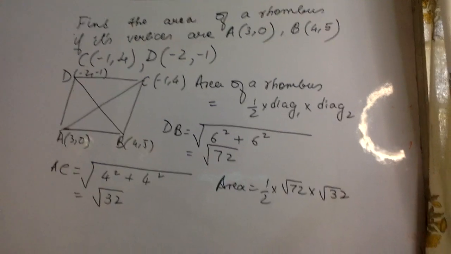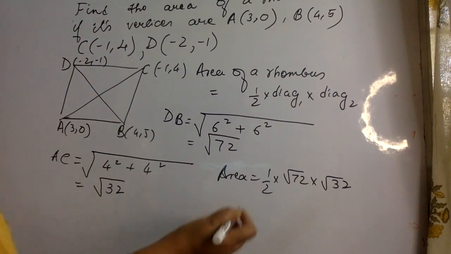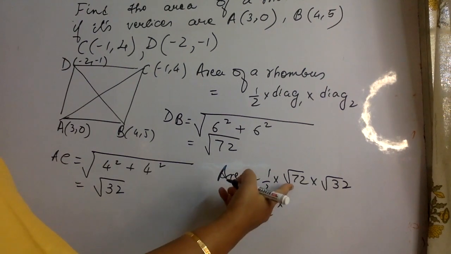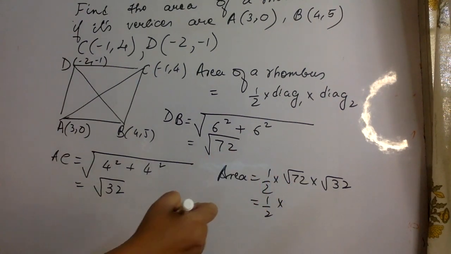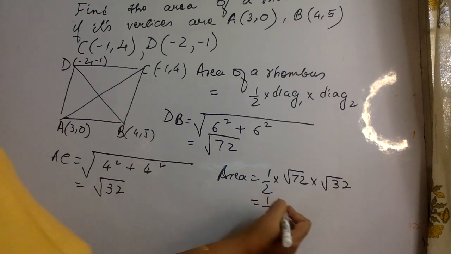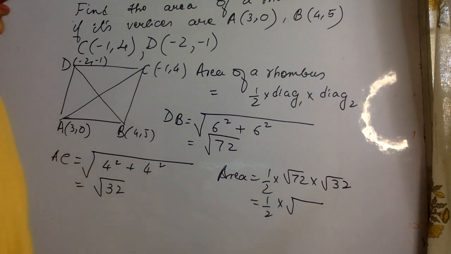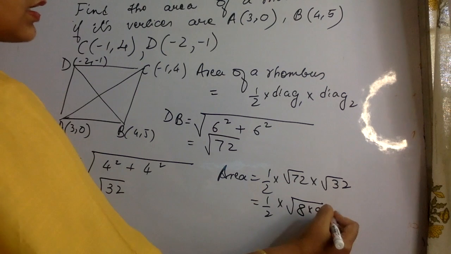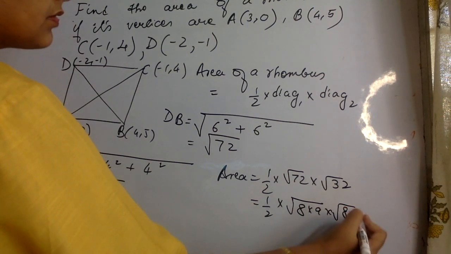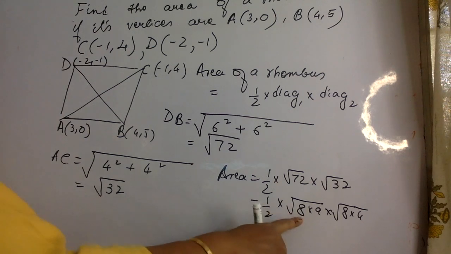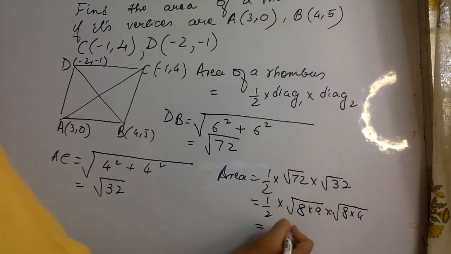If it is half into root 72 into root 32, how much is it? How do we find it? Please don't find the square root over here. Here I have 8 into 9 and here I have 8 into 4. Now root 8 into root 8 makes an 8.